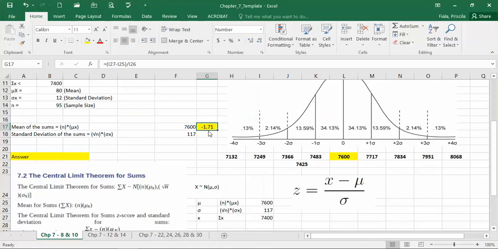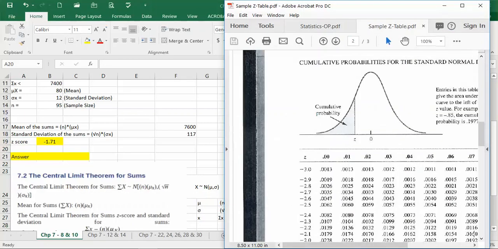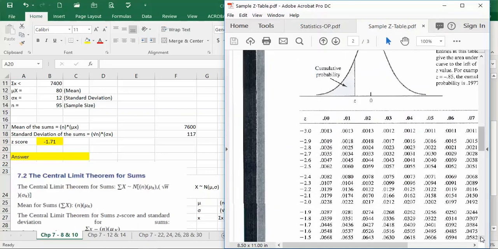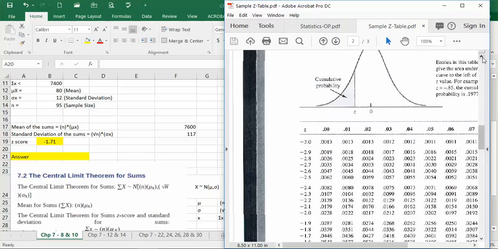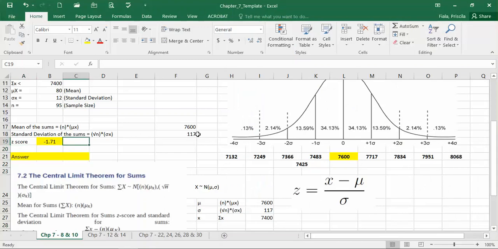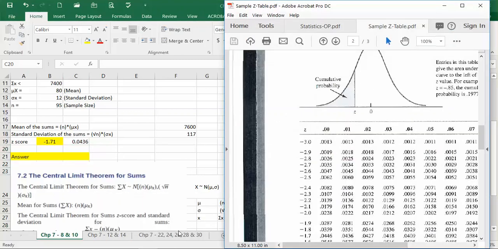Maybe I can put it down here and put my z-score so you know what I'm referring to. So my z-score is going to be minus 1.71. So minus 1.7, and then the column 0.01 is 0.0436. So my percentage, or my probability, is 0.0436. Let me double check.